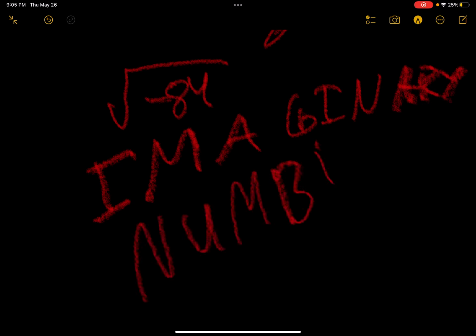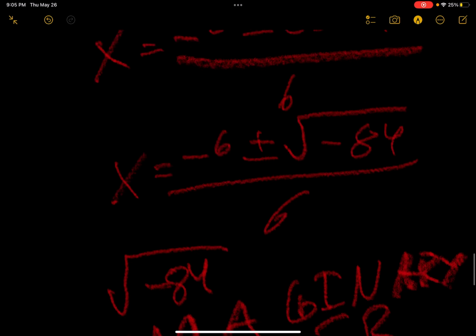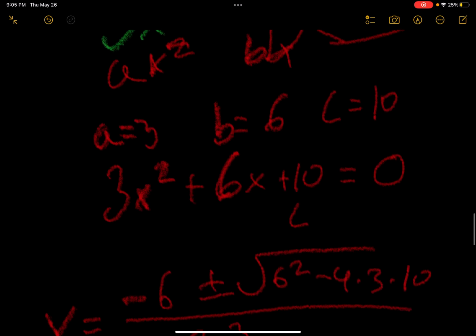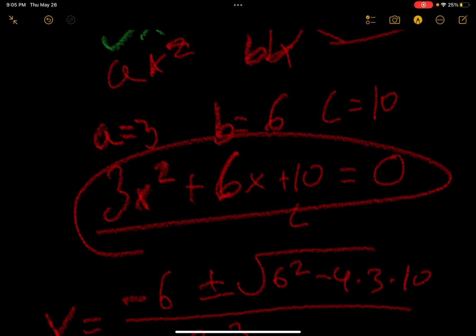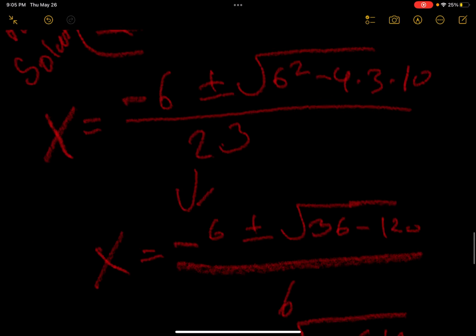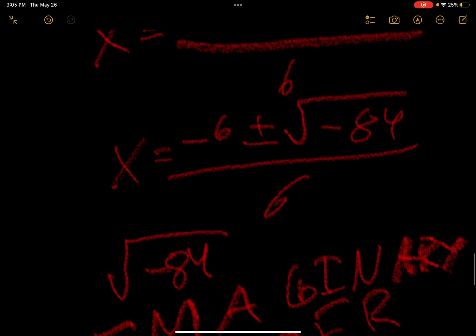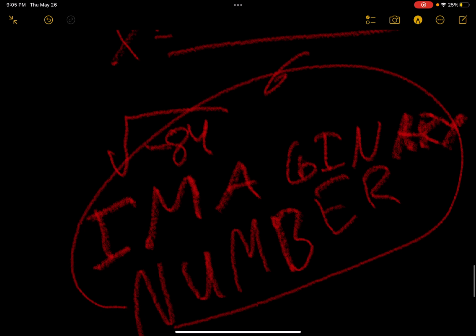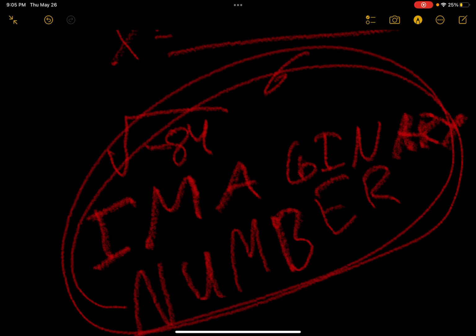Now you know what that means? This equation right here has no possible solutions. So that means this equation has no solutions, because right here, the square root of negative 84 is an imaginary number. And that is quadratics.